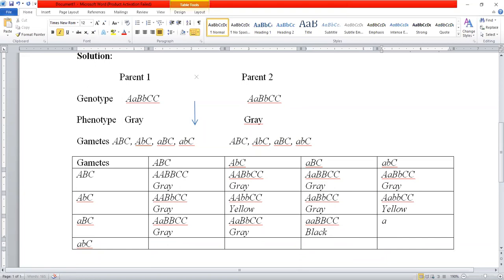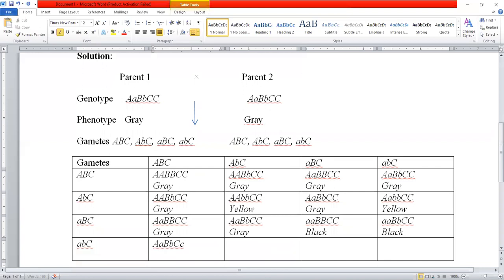So here is a small a, capital B, small b, capital C. So this would also be black. In this case, capital A, small a, capital B, small b, capital C, small c. This would be gray because a dominant allele of each of the three genes is available.